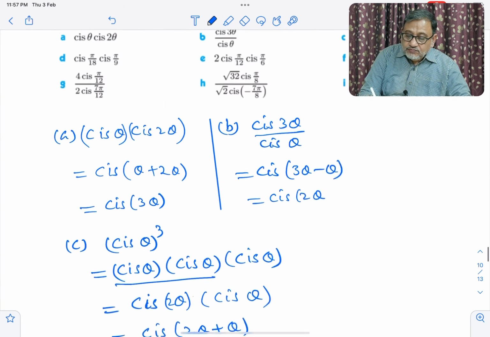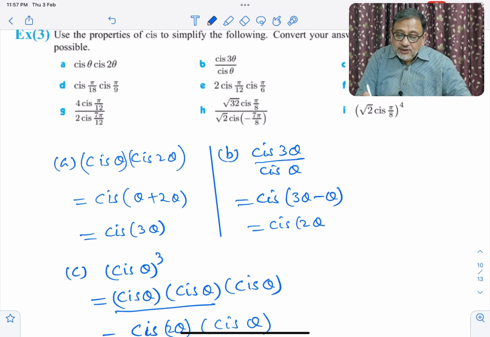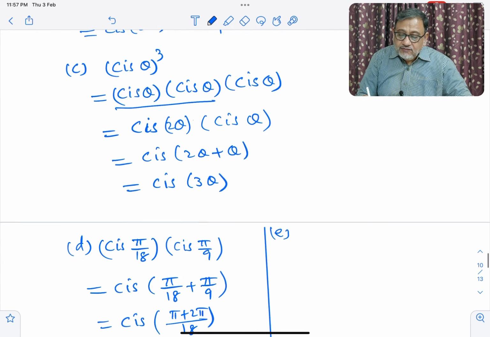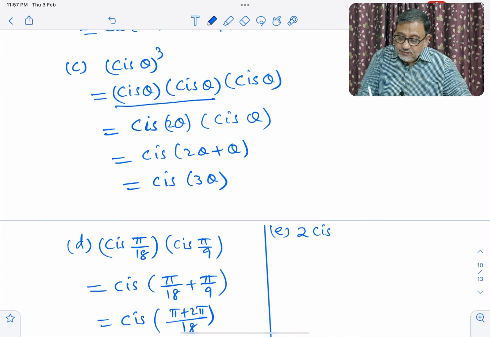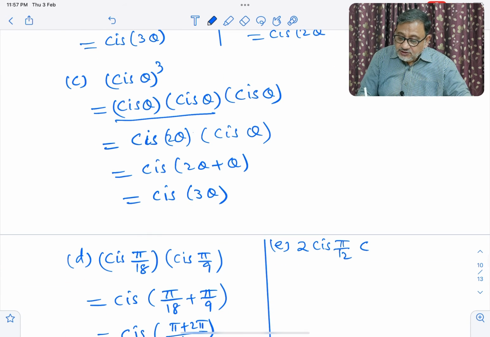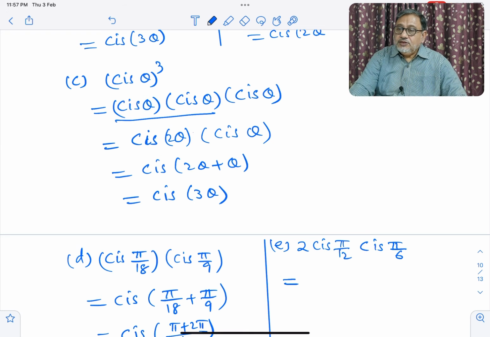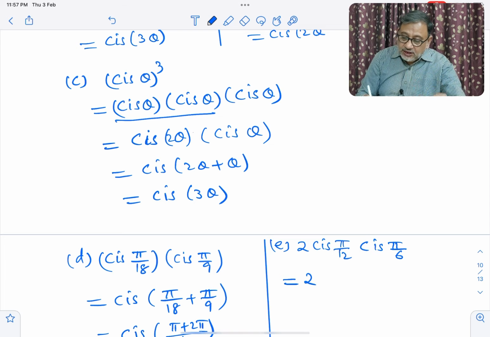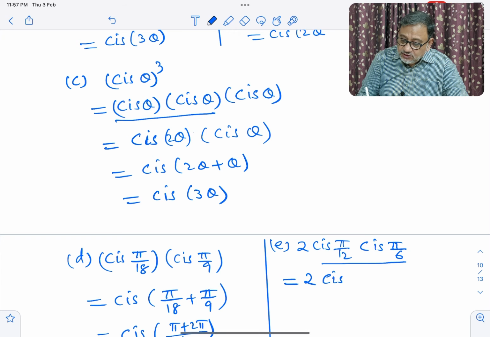E is 2 cis pi by 12 times cis pi by 6. Now look here, in this case there is a multiple 2, so that will remain out, and then we will simplify both the cis, so they will come together and the arguments will get added.